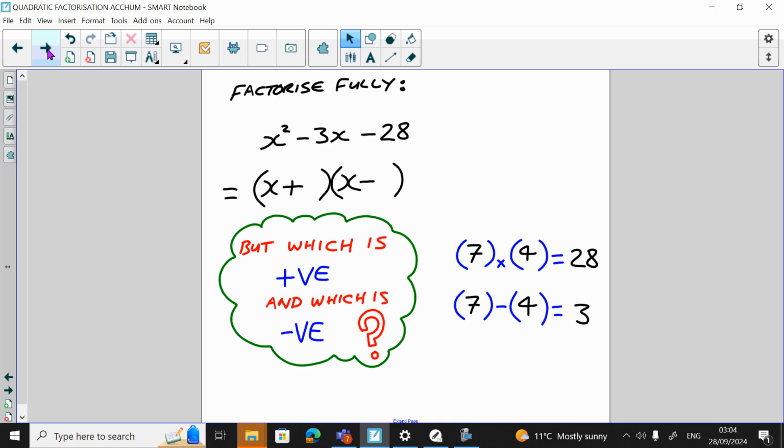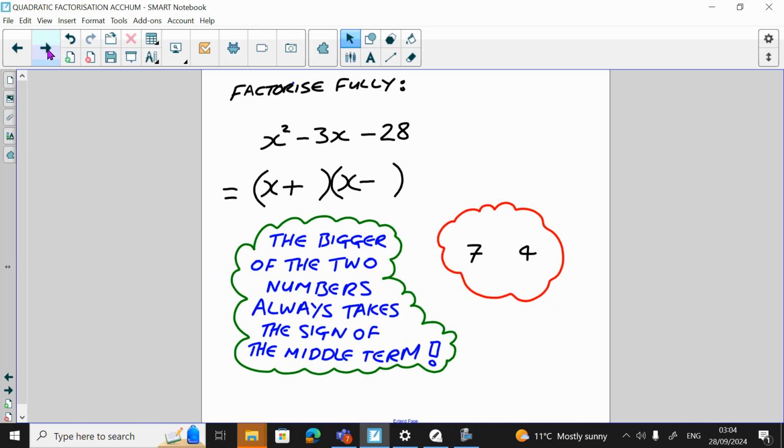But this is the crucial part: which is positive and which is negative?